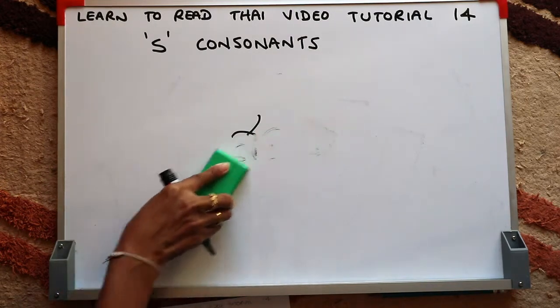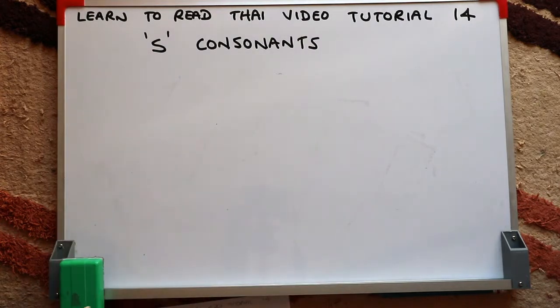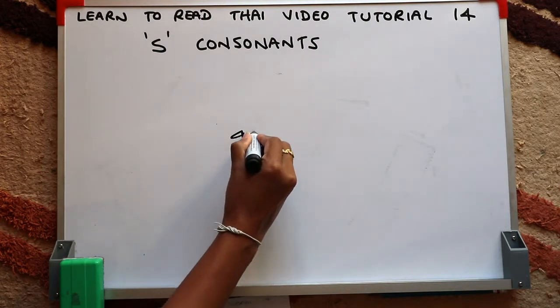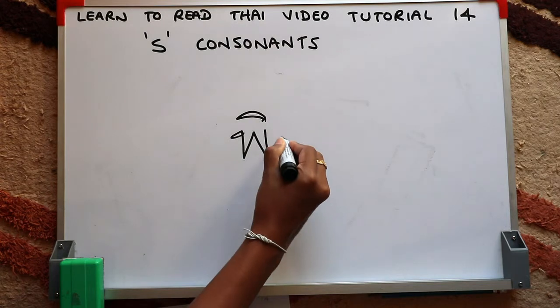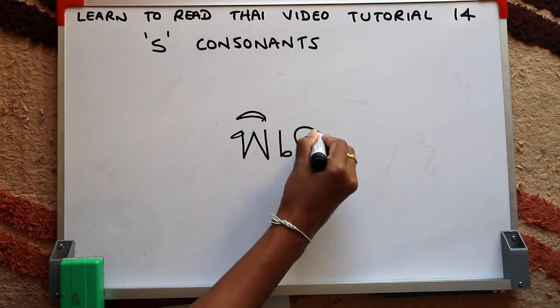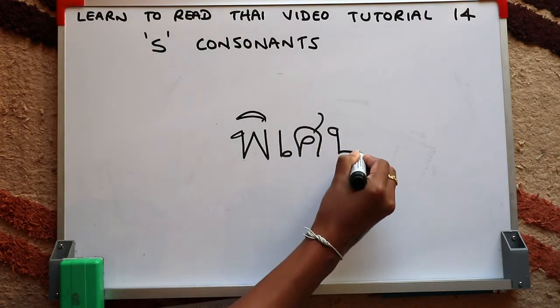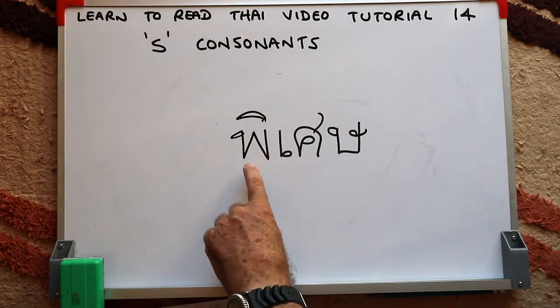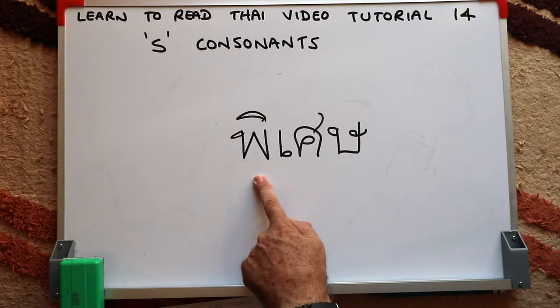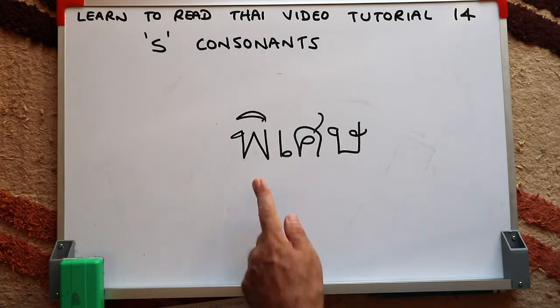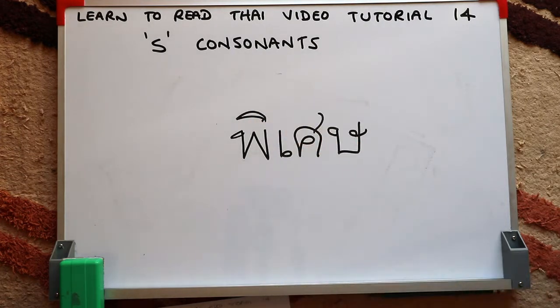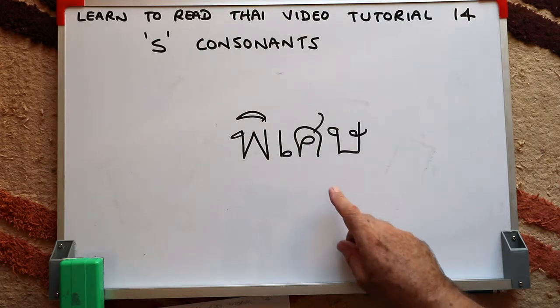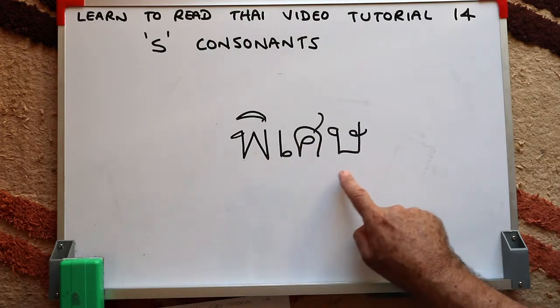And just one more sample word. And this uses one consonant that I haven't covered yet, but I will do shortly. And it's a two-syllable word. The consonant we haven't covered is this one, and this is one of the P consonants. Above it is the short I sound. Then we have the next syllable.